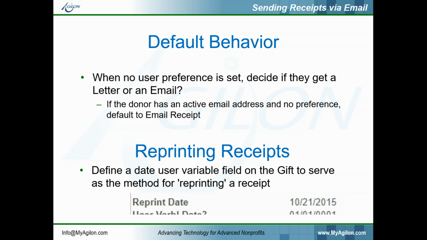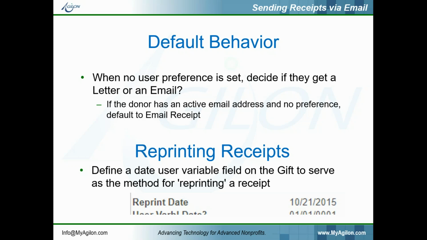What we want to do is allow there to be an input mechanism for your internal users to flag a specific gift to be included in that process, even though the gift is maybe old, or the receipt was printed and sent out to this donor a few weeks ago, and they called up and said, "Hey, no, can I just get it in an email?" You can make those preference changes and then include this gift in the reprint process and let it go out through email, or the other way around.